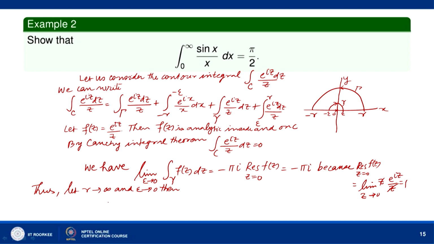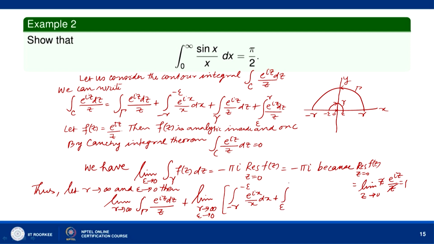So, we will have the limit as r tends to infinity of the integral over gamma of e to the power i z dz divided by z, plus the limit as epsilon tends to 0 and r tends to infinity of the integral from minus r to minus epsilon of e to the power i x over x dx plus the integral from epsilon to r of e to the power i x over x dx.